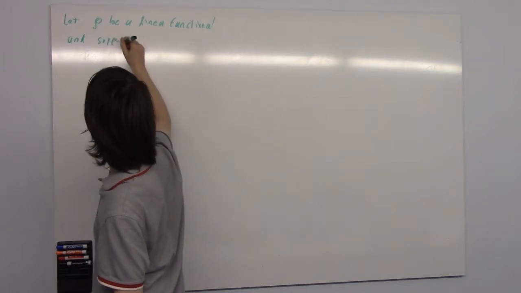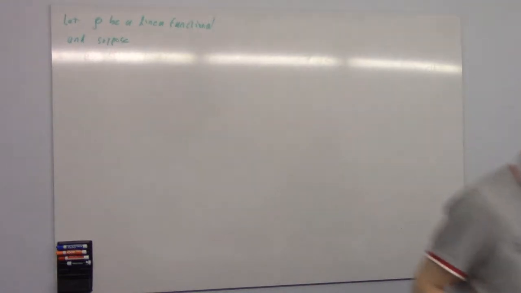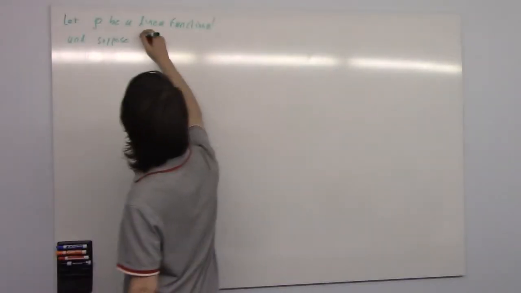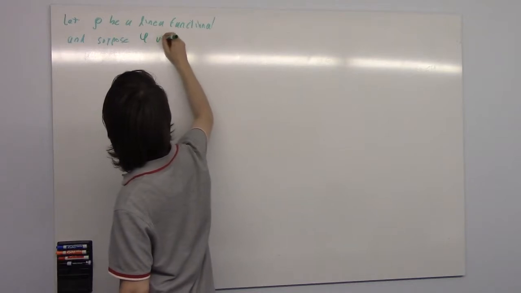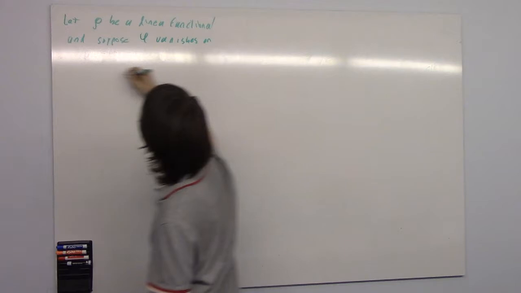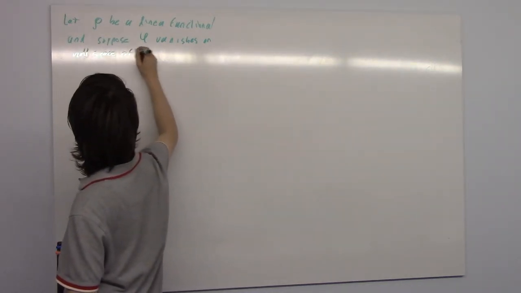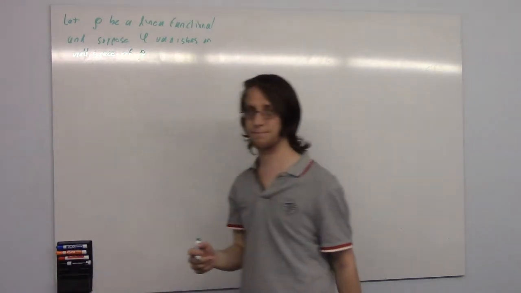And suppose phi vanishes on the null space of rho. Okay?